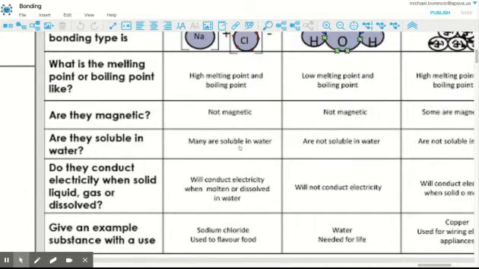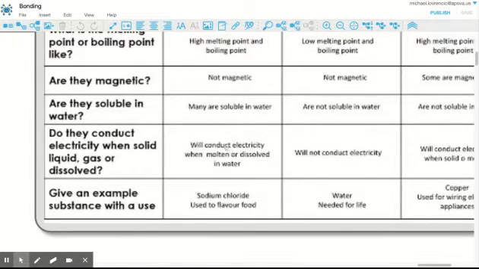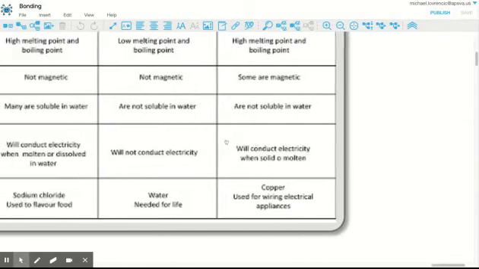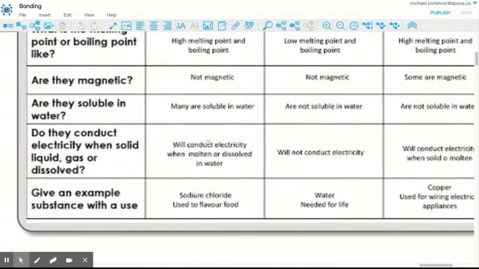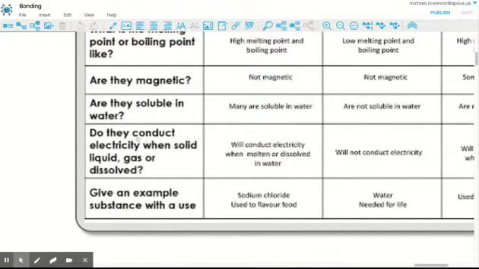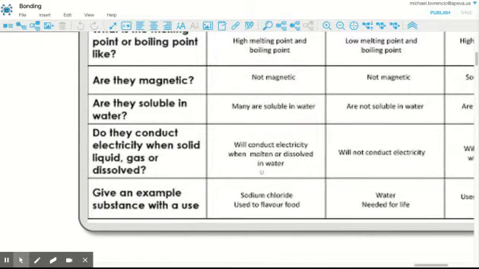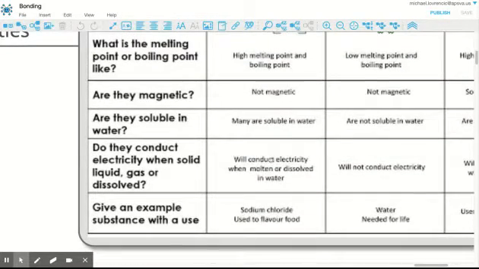There are some ionic compounds that are not, but many are soluble in water. And they have the ability to conduct electricity given the proper circumstances, namely, when the ions are able to move. Ionic compounds can conduct electricity.